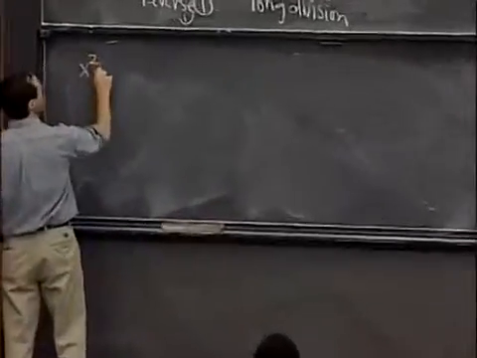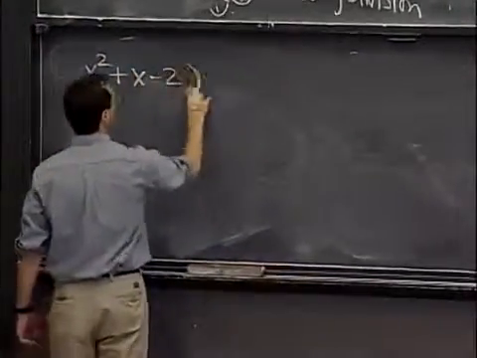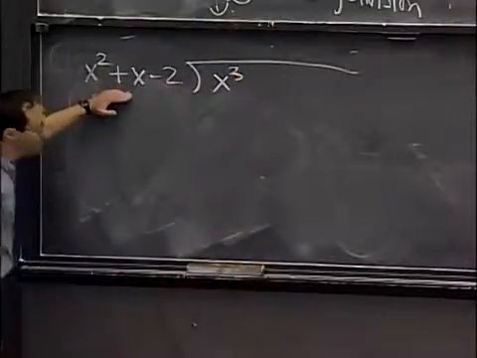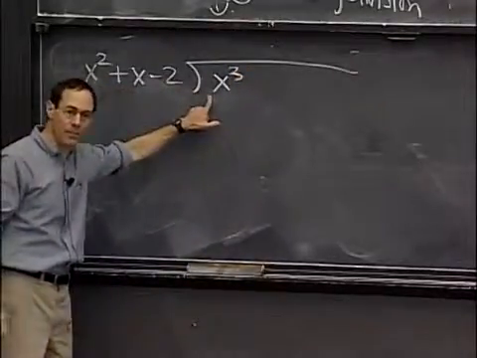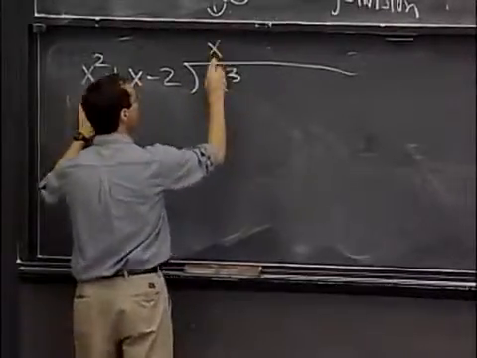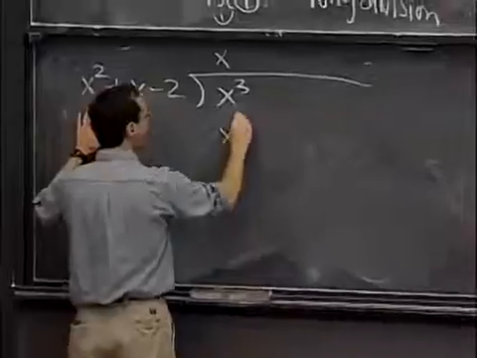It's kind of amusing. So we're dividing this polynomial into that one. And so the quotient to first order here is x. That is, that's going to match the top terms.